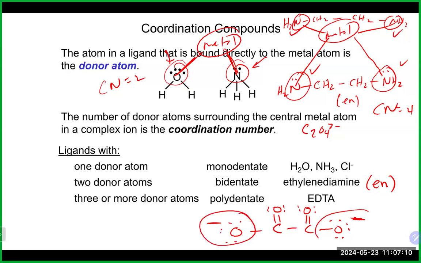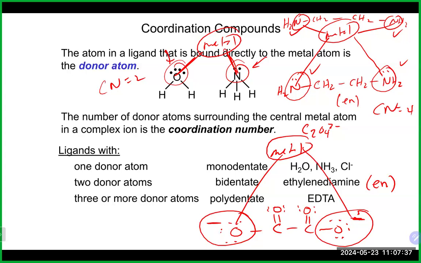At each of these single-bonded oxygens, it has the ability to attach to a metal. So it also gives a 2-for-1 situation in terms of the coordination number. Oxalate and ethylenediamine are 2 of the most common bidentate ligands that you come across, and it does affect the coordination number.